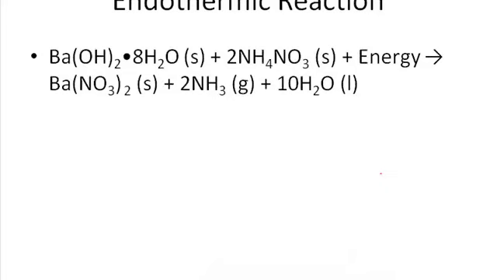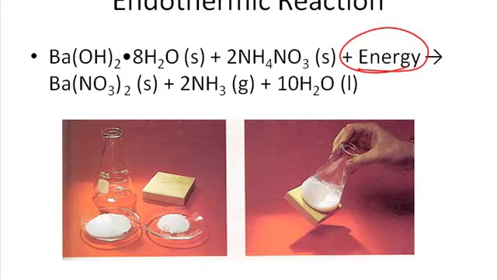All right, now taking a look here, what happens in an endothermic reaction? Well, here's an example of one. We'll probably do this one in class. Notice how you can see energy on the reactant side. When we react these two substances, this thing right here gets very cold, hence it actually freezes this wood block onto it, holding it in place.